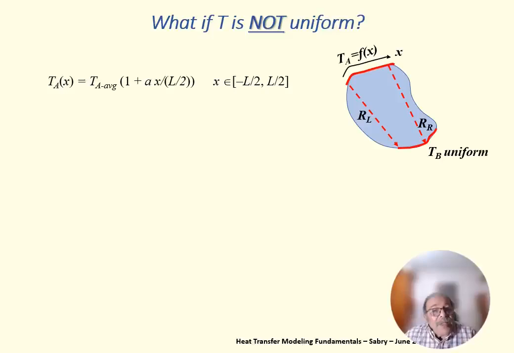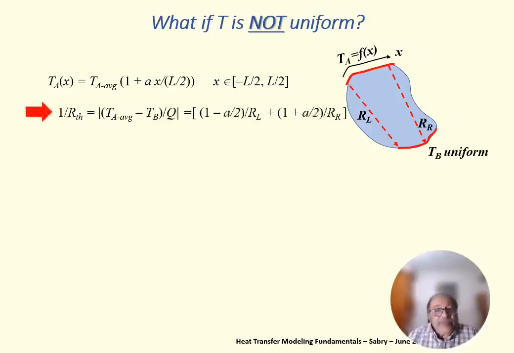TA is T average times 1 plus A, which is something like the temperature gradient, times x over L over 2. If A is 0, then we come back to the uniform temperature. But A may be positive or negative, temperature increasing, decreasing, strong, not strong, etc. But we will limit our presentation for the moment to linear variation.